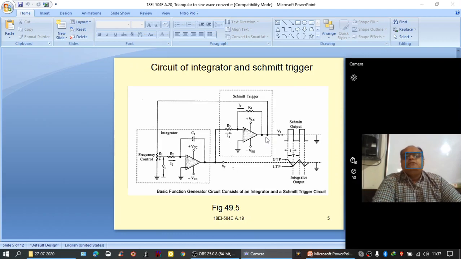Now when the biasing voltage for both the operational amplifiers is switched on, then initially, because of leakage currents in the transistors used in operational amplifiers. An operational amplifier is made up of transistors.